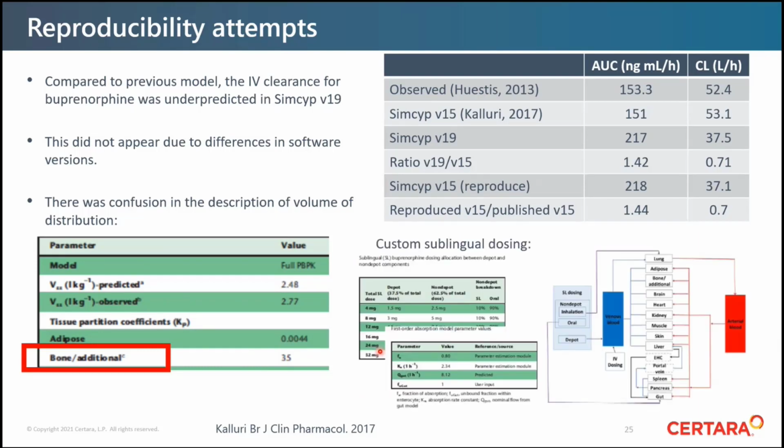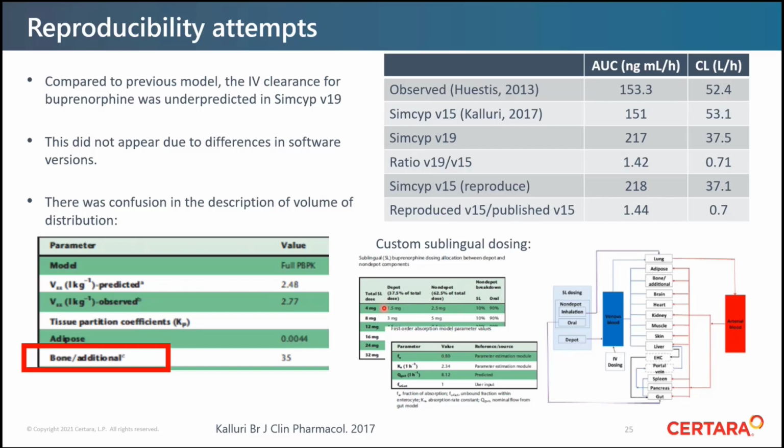And then finally, we really had an issue with how they described the absorption model. SimCYP does not have a default sublingual dosing module, so they had created a custom dosing route using an inhalation and an oral form with a depot formulation component as well.